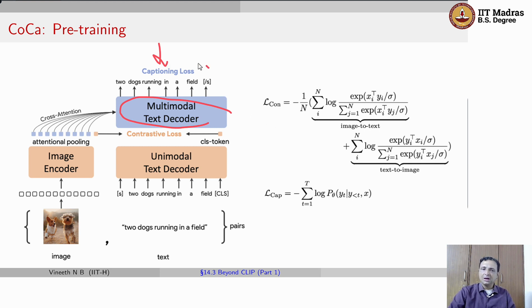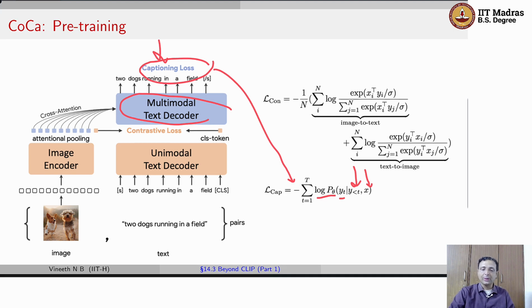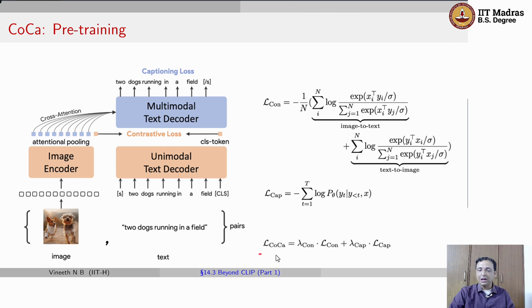To train this task of captioning using the caption loss, they use a standard autoregressive loss function where they try to minimize the log probability of yt given all the tokens before t, and the input x that comes from the image itself. This is a standard autoregressive loss. These are the components that they use to put together their framework, and their final loss for training the model is a weighted combination of the contrastive loss and the captioning loss.